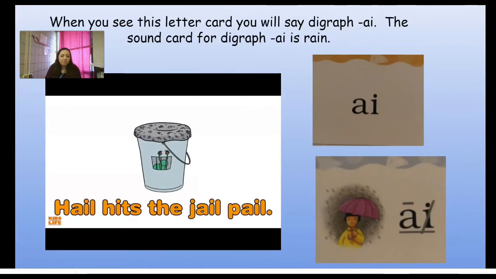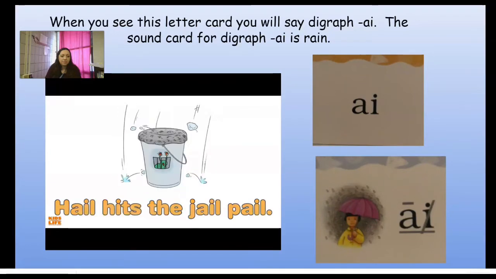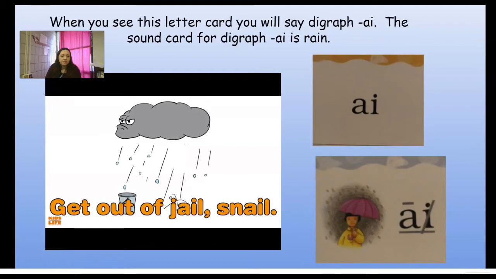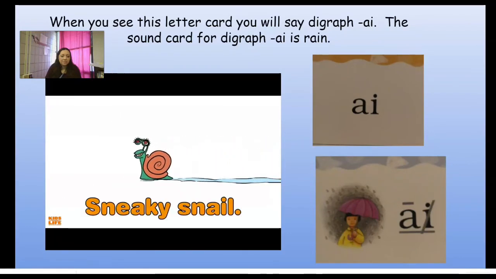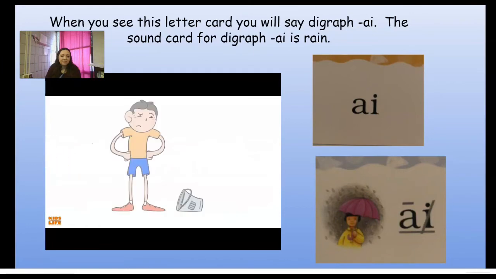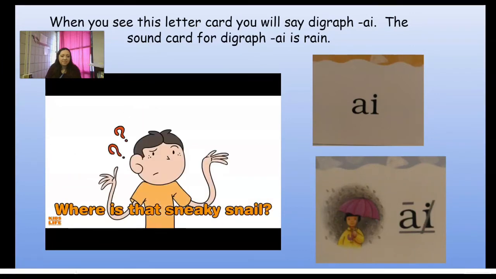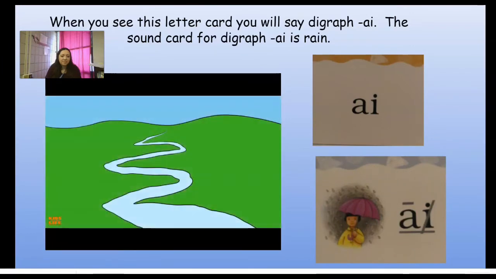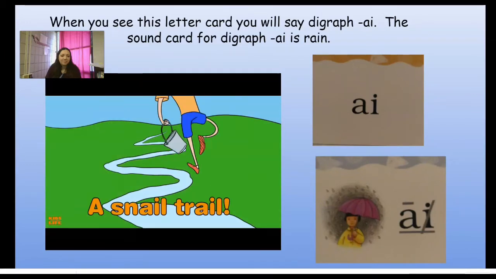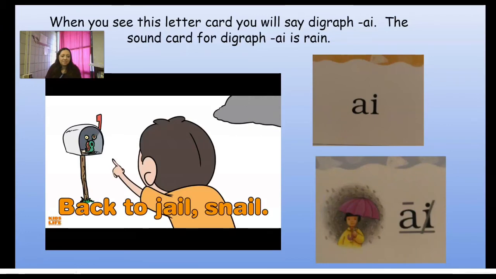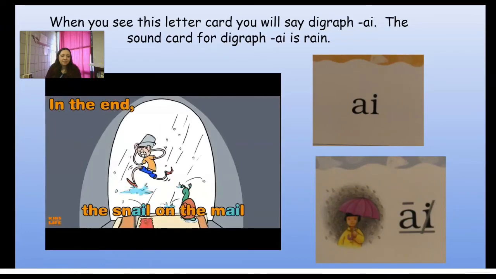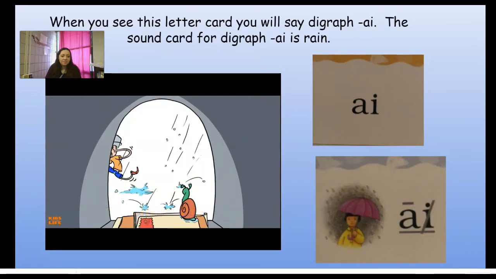Hail hits the jail pail. Get out of jail, snail. Sneaky snail. Where is that sneaky snail? A snail trail. Back to jail, snail. In the end, the snail on the mail is watching the hail.